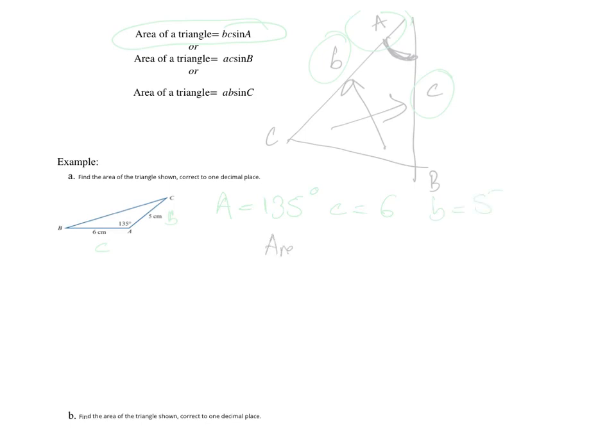So the area is equal to side B times side C times sine, it's always sine, of angle A. So in this case, it is 6 times 5, or 5 times 6, whichever way you want to put it. Multiplication, the order is not important, times sine of 135 degrees.